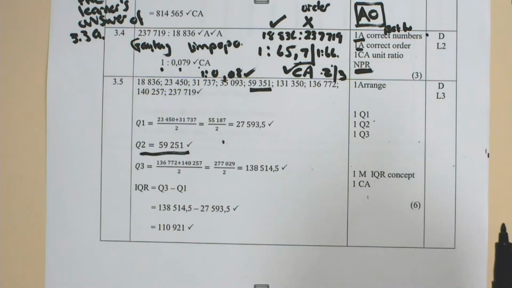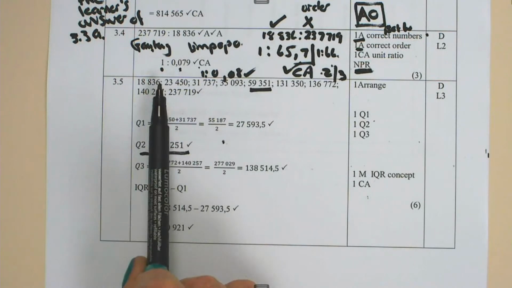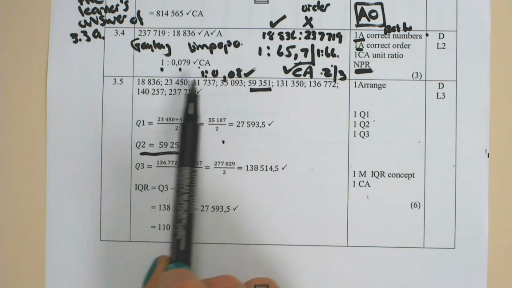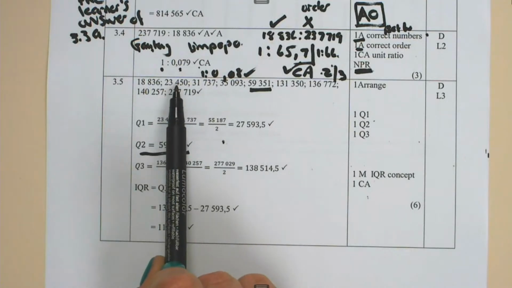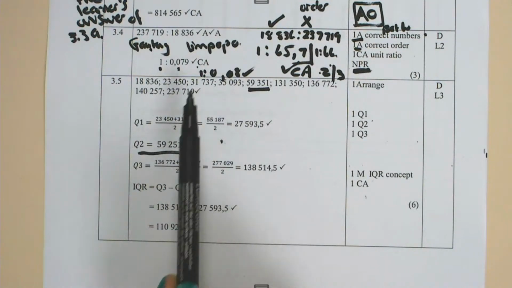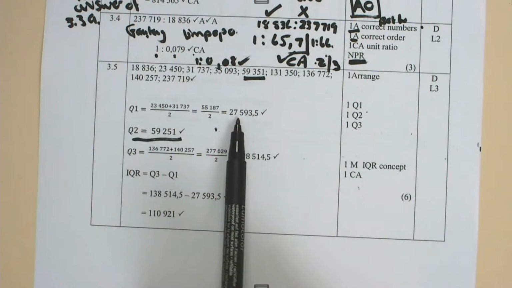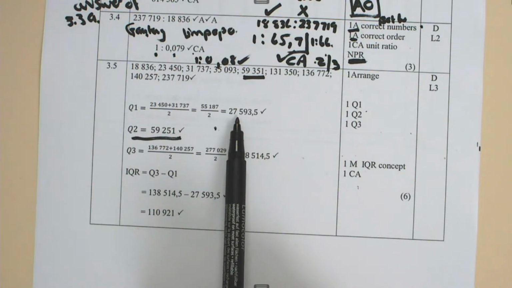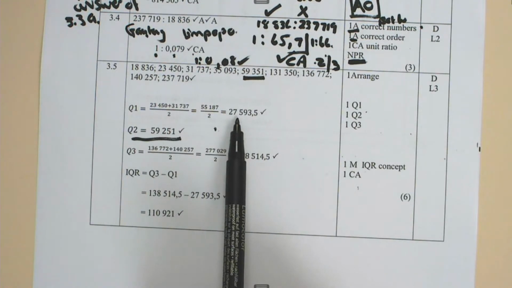To go and calculate then the quartiles, for Q1, I will have to take the two values, 23,450 plus 31,737 and divide it by 2, which will give me the value of 27,593.5 people.